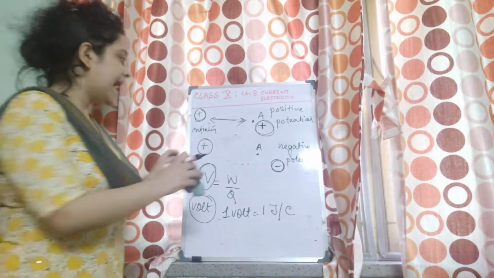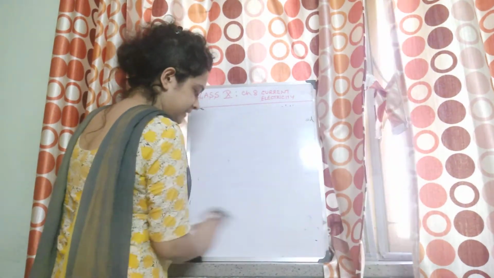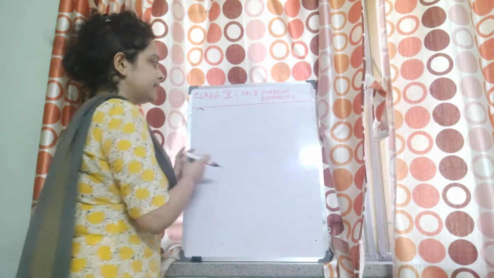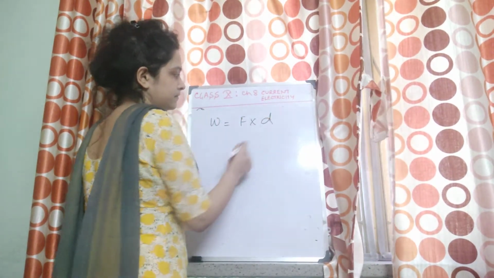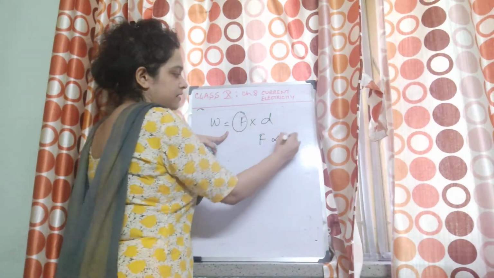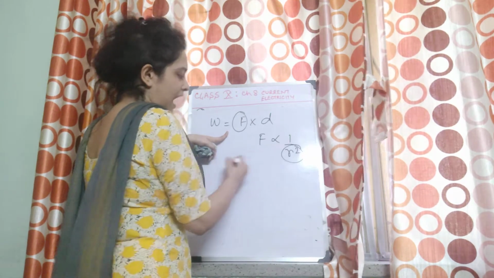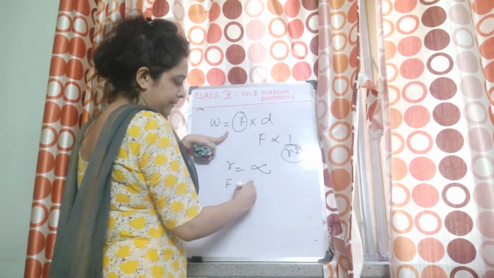Okay. And where do we have the zero potential? At infinity. Because work done... right. So if R is infinity, then obviously F will become 0.